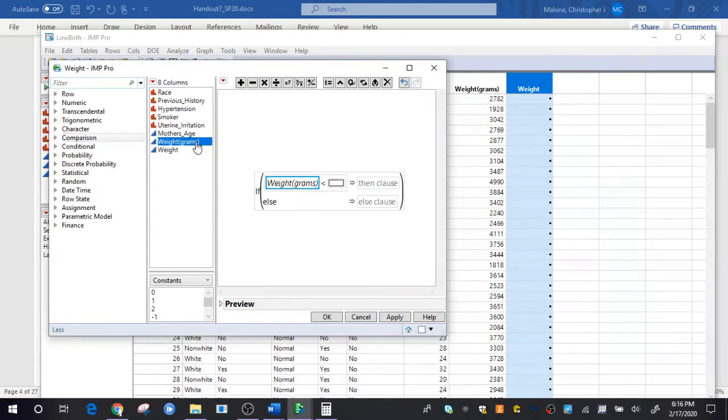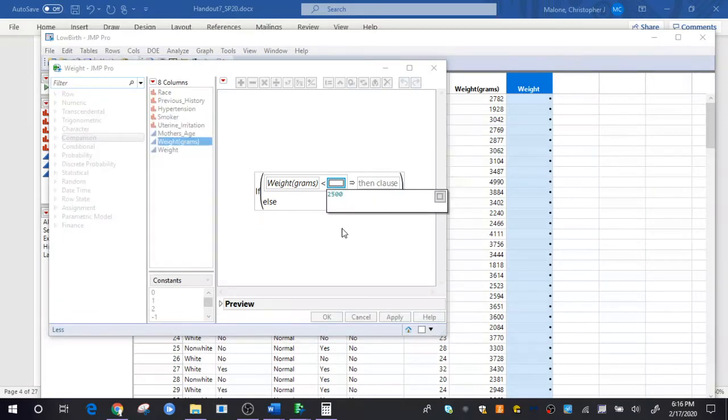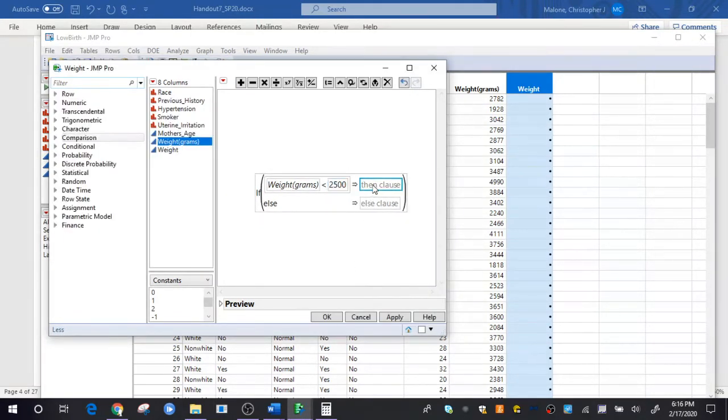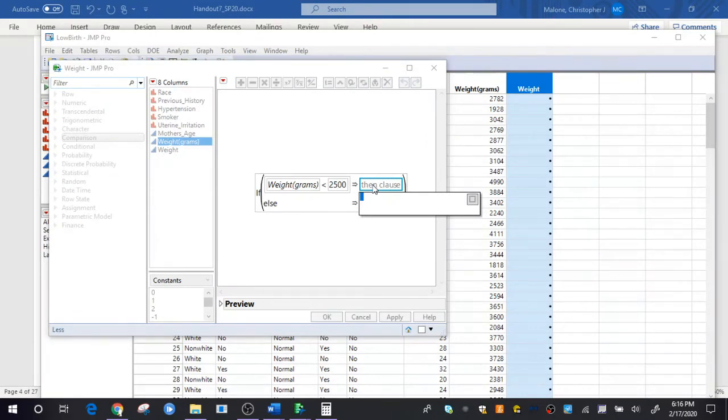And I want to know, quite simply, is the weight in grams less than 2,500? If it is, I'm going to indicate that as low birth weight. I need double quotes on that as well, so indicate low there.